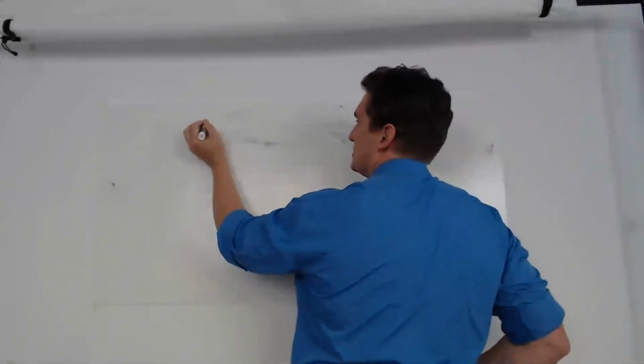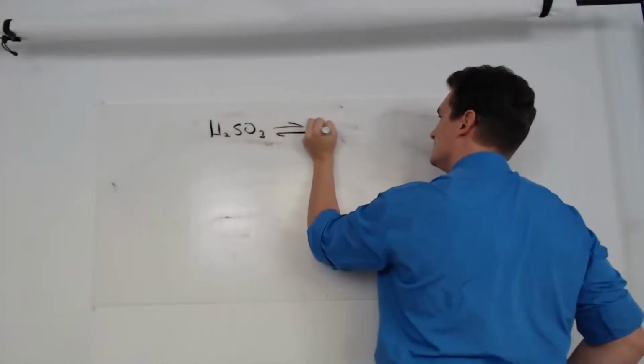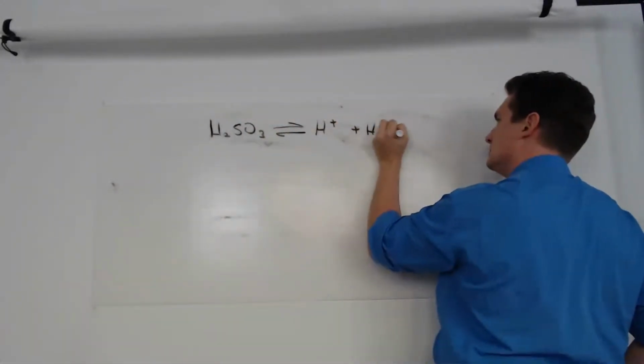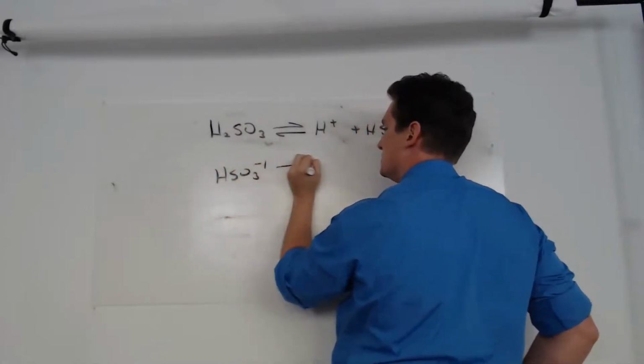So let's say we have a weak diprotic acid like H2SO3, sulfurous acid. And really what's going on in the solution is we have two dissociations.